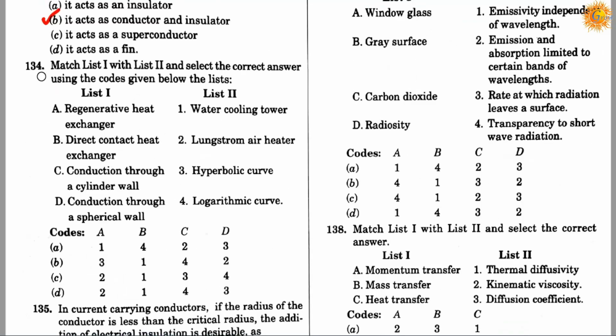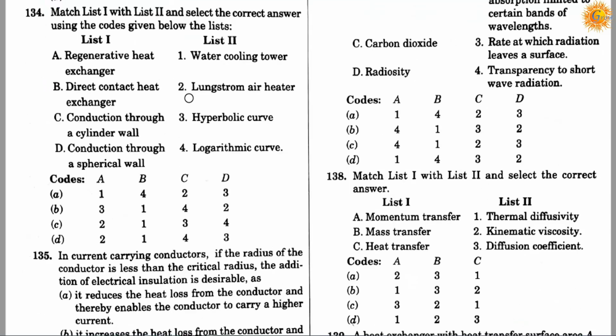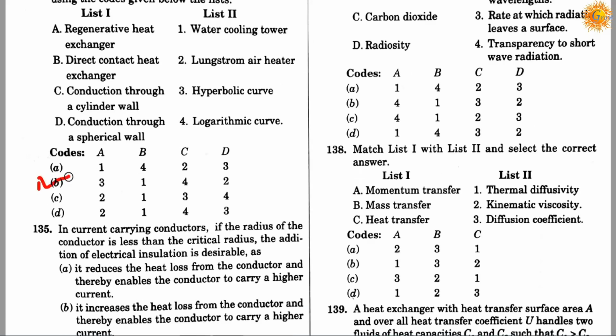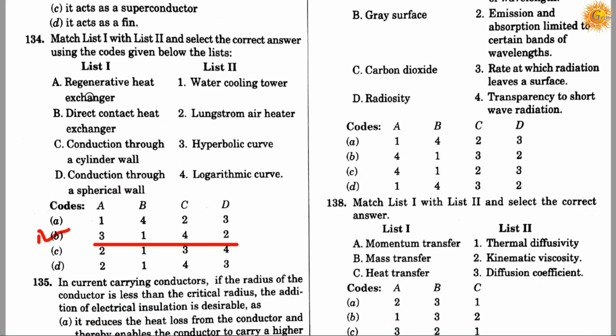Question number 134. Match list first with list second. Select the correct answer using the code. Here is the first list. The correct answer is B. The regenerative heat exchanger belongs to the hyperbolic curve.